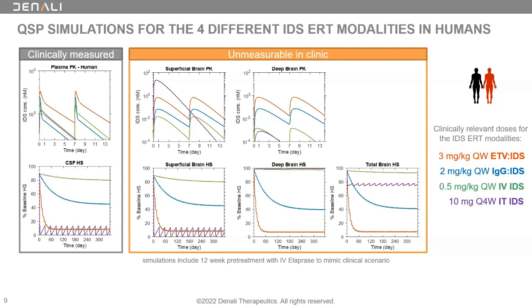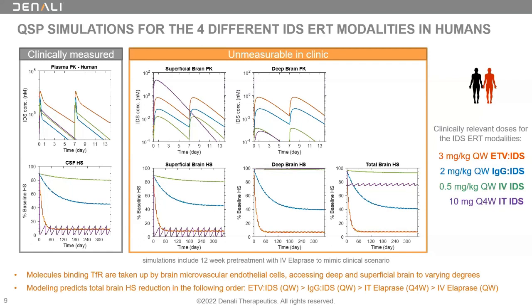And for IgG-IDS, the reduction is uniform, but the magnitude is not as effective, just based on the fact that the exposures were not sufficient in the CNS regions. And this gave us confidence to conclude the rank order, if you may, of the heparin sulfate reductions that were expected at the proposed clinical doses during drug development of the ETV-IDS program.